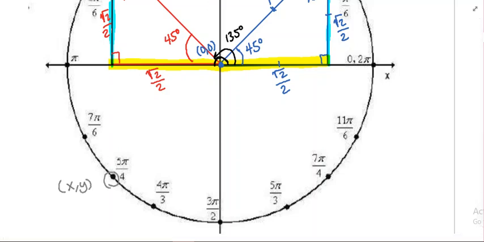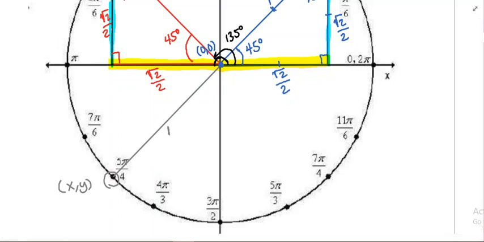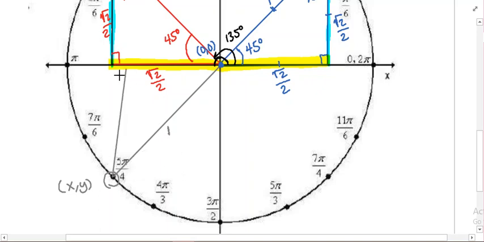So all you would do here, you would do it the same way. You're going to start by drawing the hypotenuse from the origin to the point on the circle. We know that this distance has to measure the same as the radius of the circle, because we're drawing from the origin to a point on the circle. And then this time, to make your triangle, you draw from the point on the circle back to the x-axis.